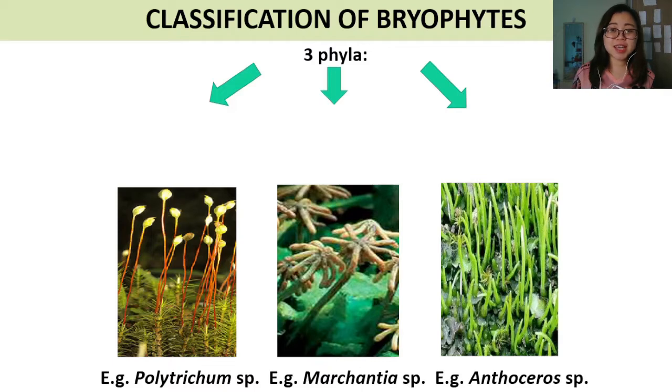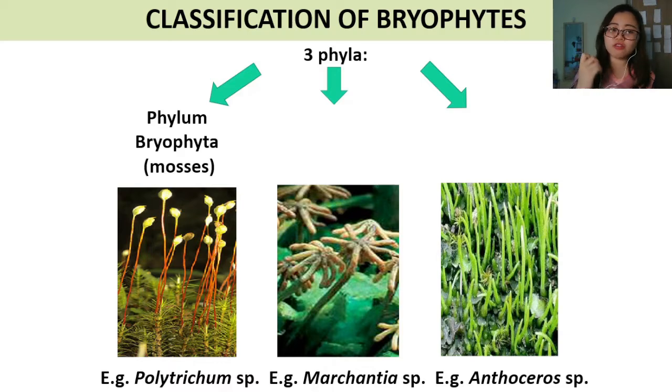First things first, these are all bryophytes. We usually look at bryophytes and divide them into 3 common phyla. Again, if you look at other books, sometimes they have more than 3, but in your syllabus, we're only going to focus on these 3. So if you think that bryophytes are like lumut or mosses, then you're pretty much correct because that is the main phylum that we usually associate with bryophytes.